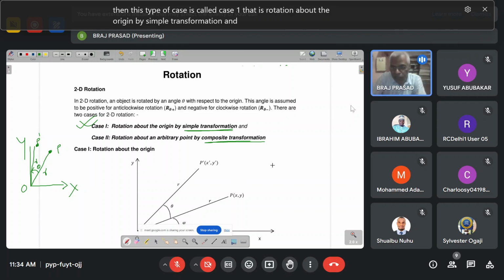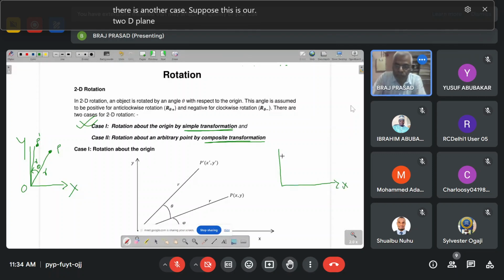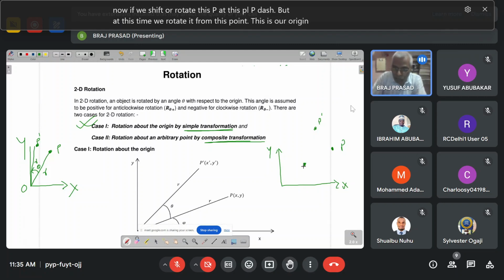And there is another case. Suppose this is our 2D plane and an object is placed at this place. Now, if we rotate this P to P dash, but at this time we rotate it with respect to this point A, not the origin.